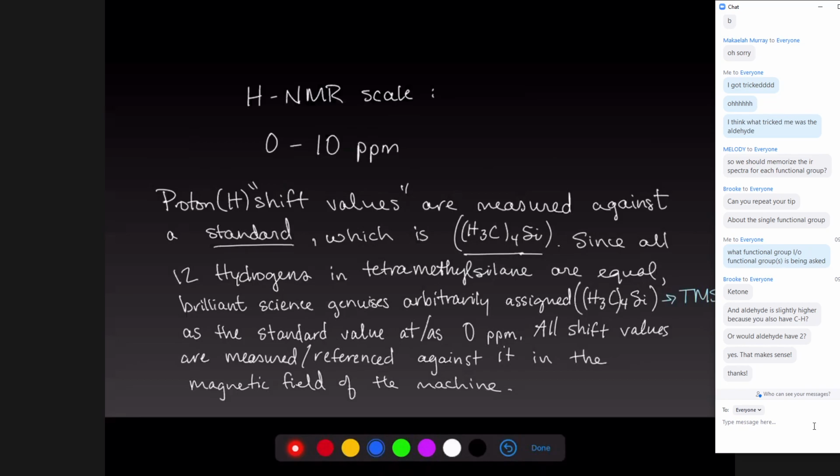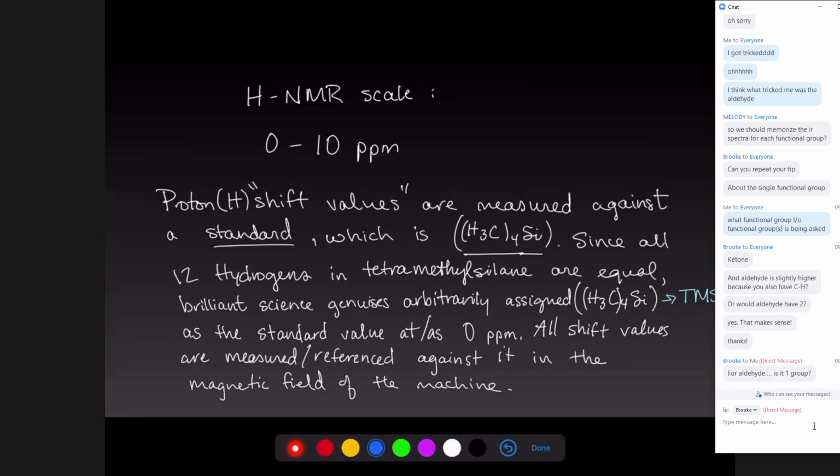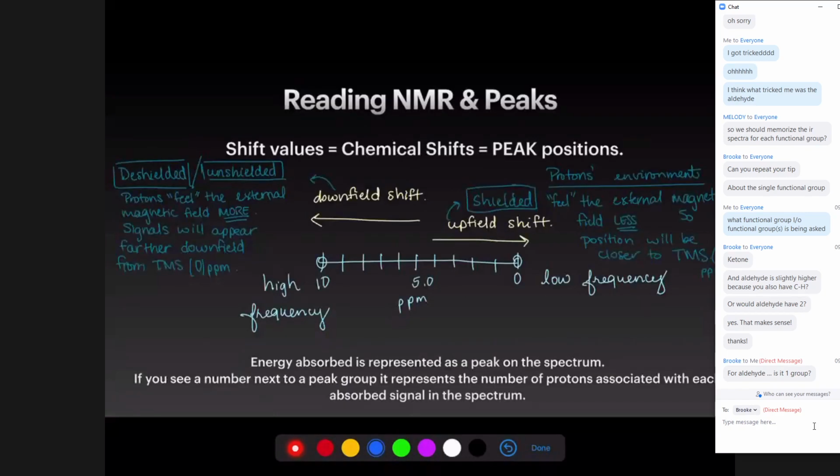Since all 12 hydrogens in tetramethylsilane are equal, the brilliant science geniuses arbitrarily assigned TMS as the standard value of 0 parts per million. So that's how we get that range from 0 to 10. All shift values are measured and referenced against it in the magnetic field of the machine, and that produces our data.